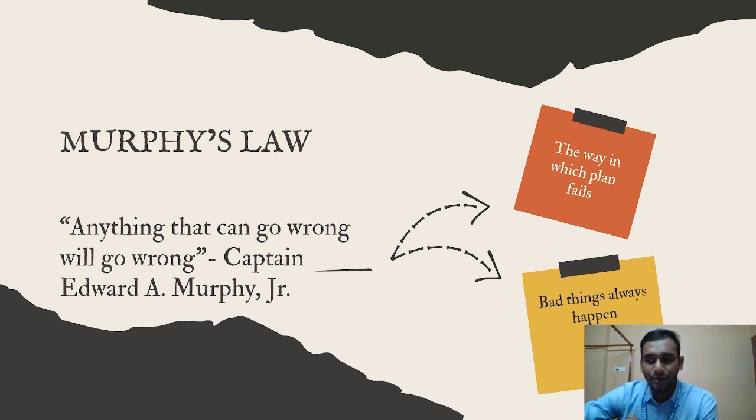Now, let me tell you what an epigram means before concluding this video. An epigram is an idea or remark which expresses an idea in a very clever manner. When we see the term Murphy's law, a layman will never be able to guess what Murphy's law means.